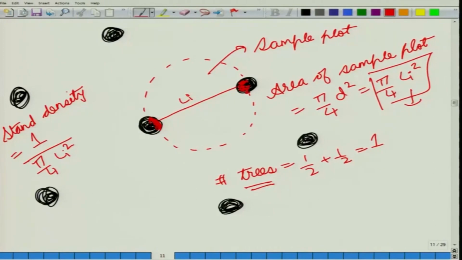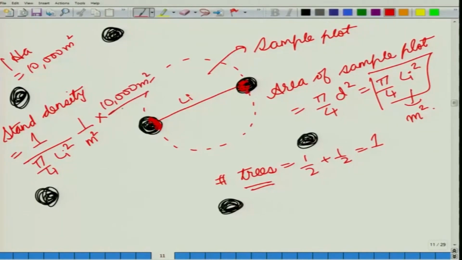Now, if we have Li in meters, then this area is in square meters. We represent our stand density in terms of hectares. 1 hectare is equal to 10,000 square meters. So, this much is the stand density per square meter, and the unit will be 1 by meter square. Let us multiply it by 10,000 meter square by 1 hectare.